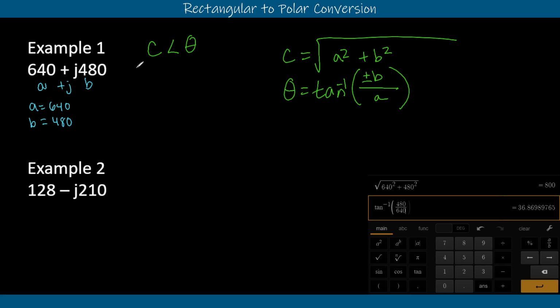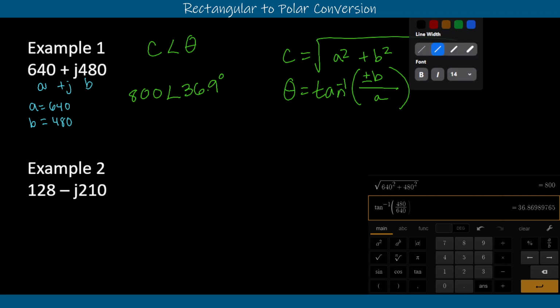We'll rewrite that in our polar form: a C variable of 800 at an angle of 36.9 degrees.